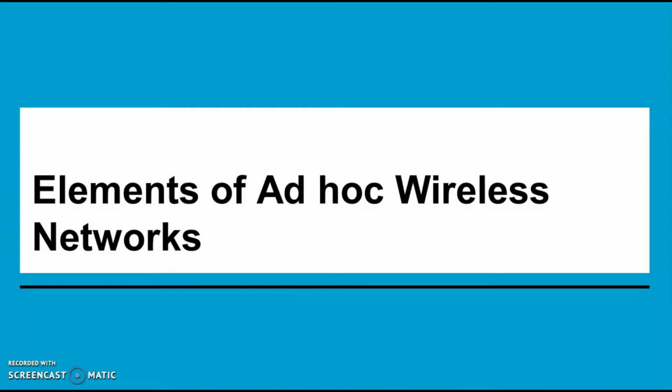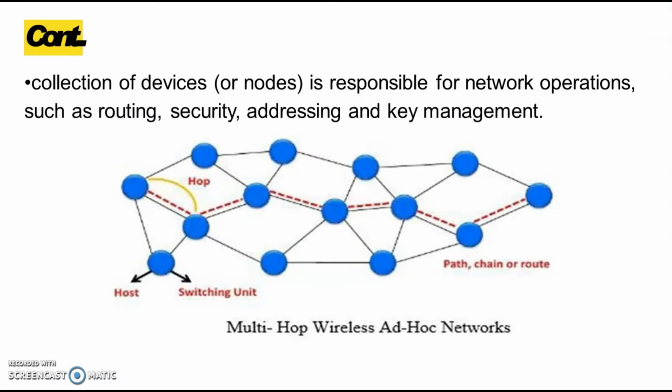So next one is, what are the various elements of an ad hoc wireless network? Here a diagram shows the multi-hop wireless ad hoc network. Here a collection of devices is there, and the links are wireless links.